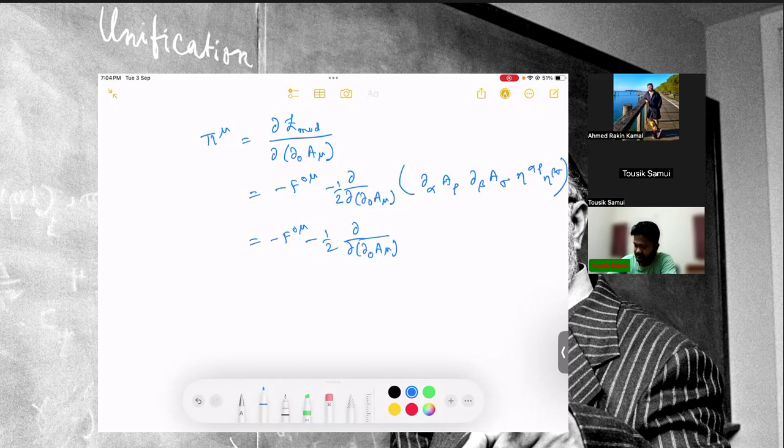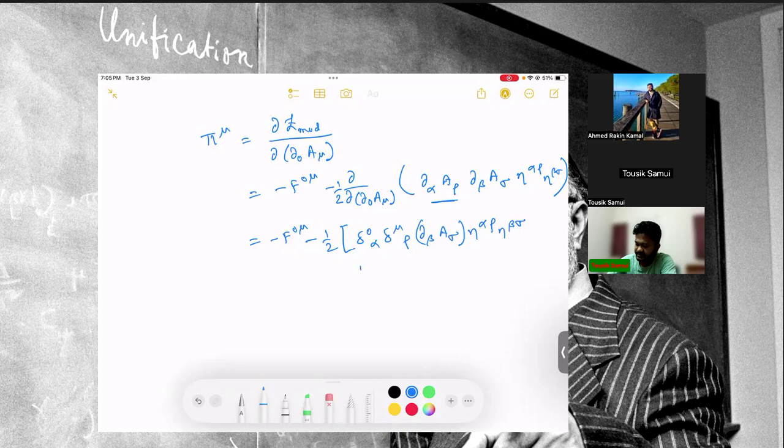Okay, so let us take the derivative itself. From the first term it will be δ^0_α δ^μ_ρ, and then we'll have ∂_β A_σ as it is, and then η^{αρ} η^{βσ}.